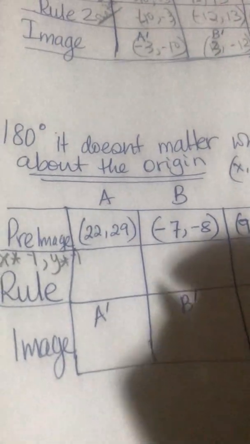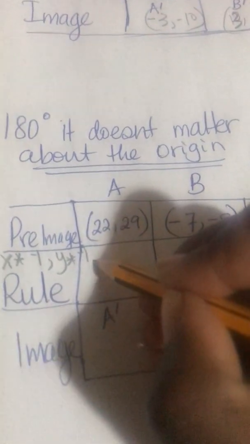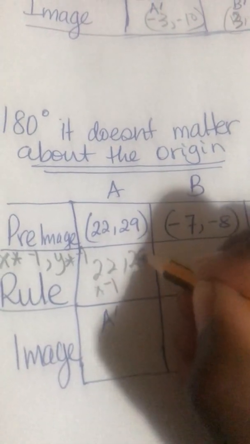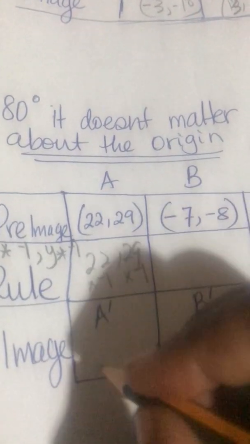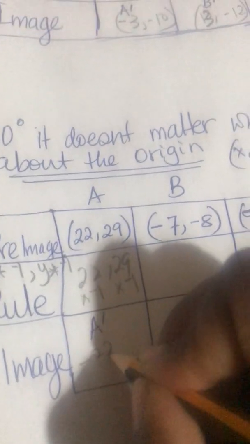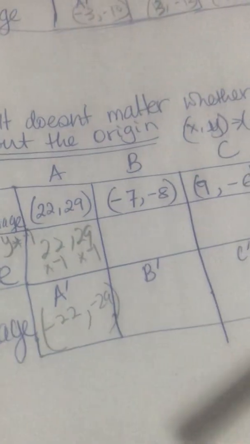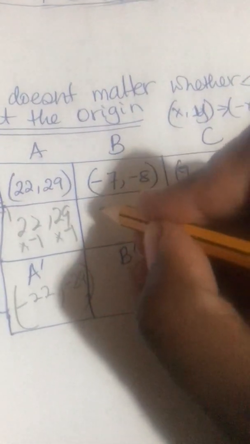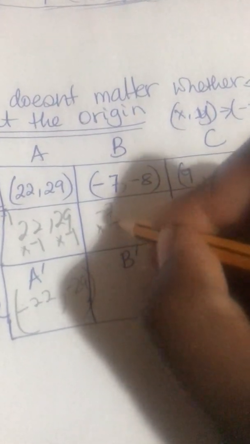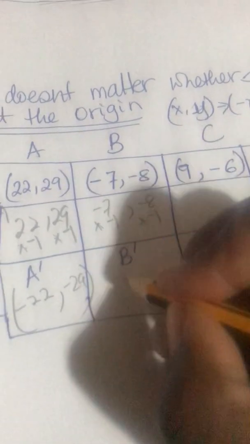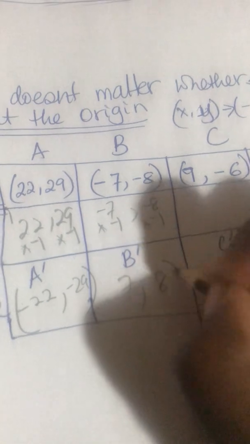You don't need to switch. So 22 times -1, 29 times -1. You get -22, -29. All right, -7 times -1, -8 times -1. You get 7 and 8.